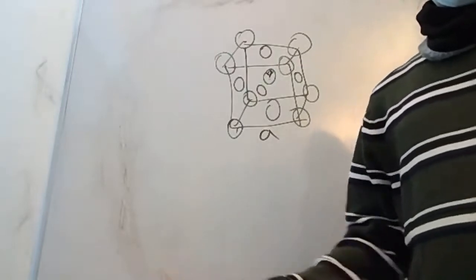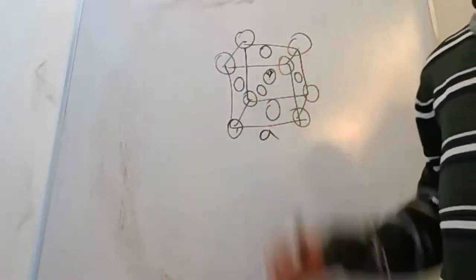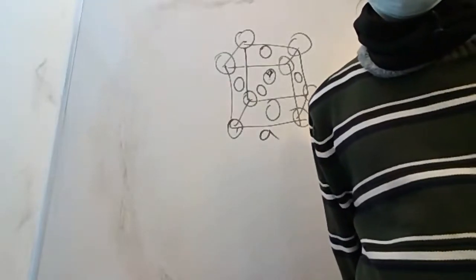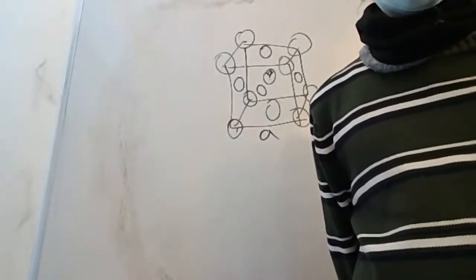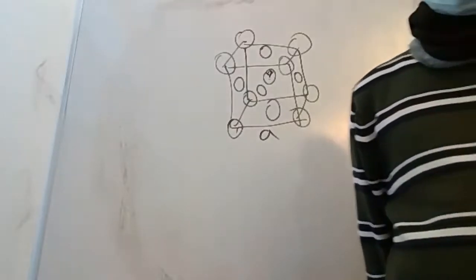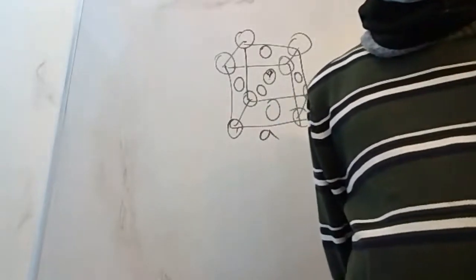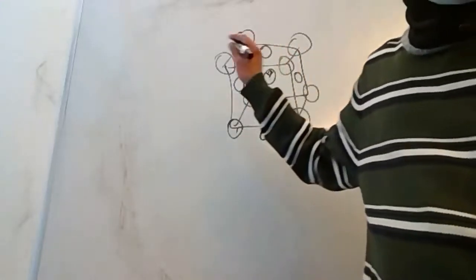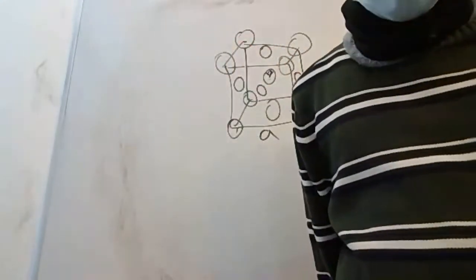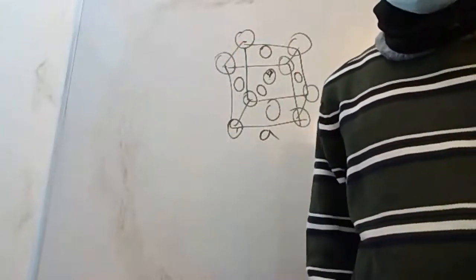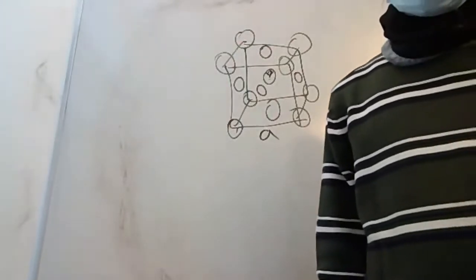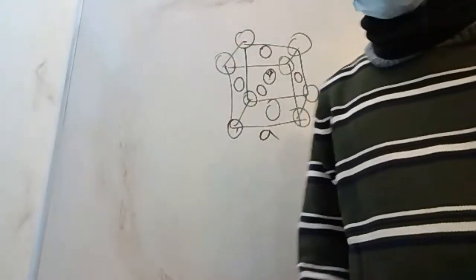Forget about A and R. If you have a cube like this and you want to know what fraction of the space is occupied by the atoms if they're touching, what exactly would you do? You need to know the total volume of the cube and subtract from that the volume occupied by the atoms, divided by the volume of the cube.